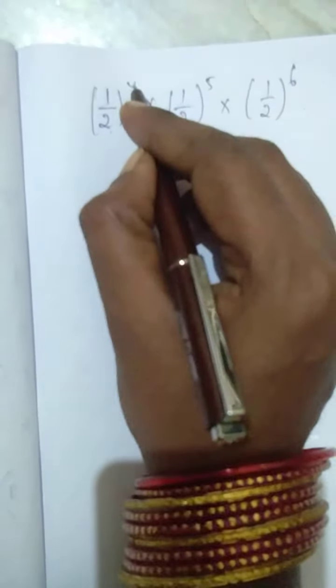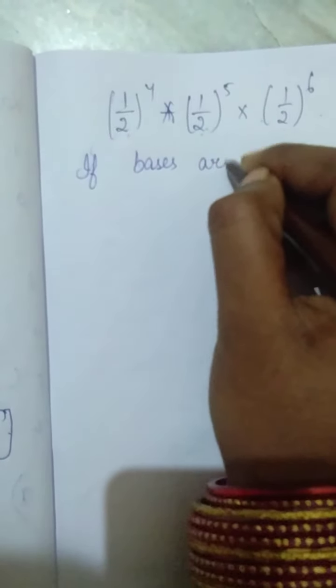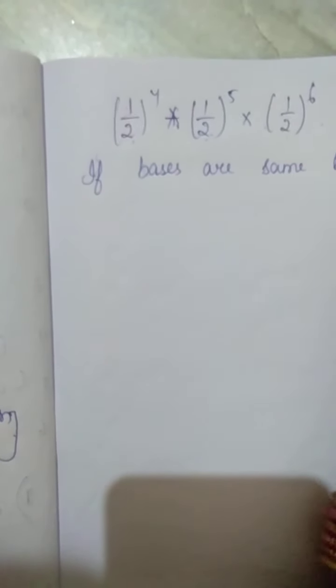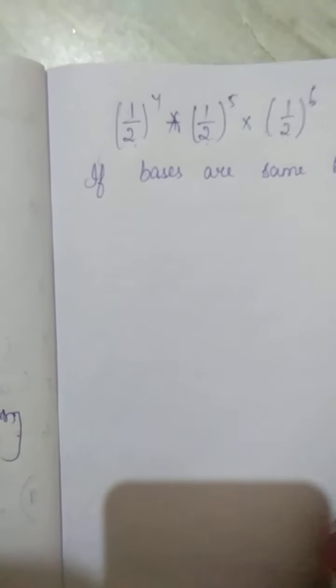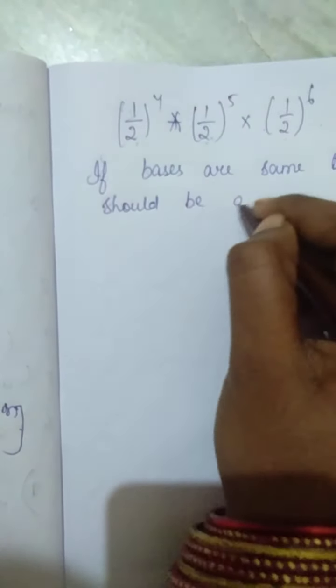This is your base 1 by 2, 1 by 2, 1 by 2 and powers 4, 5, 6. Bases are same. Write down, if bases are same, then powers should be added. Okay, if bases are same, the powers should be added.